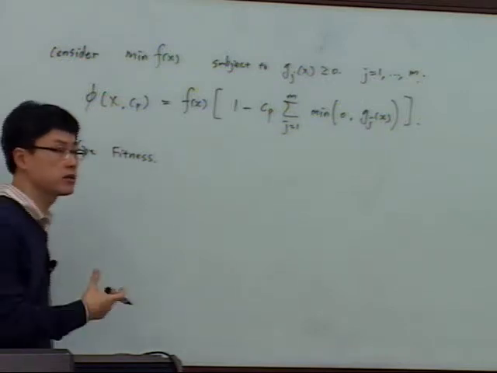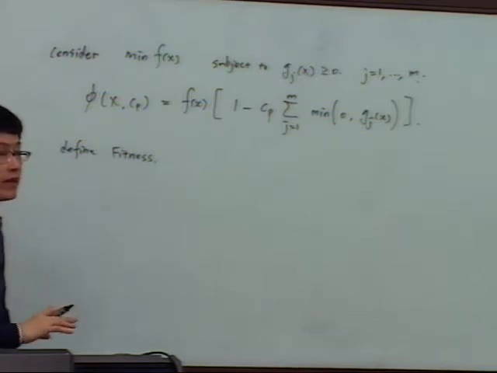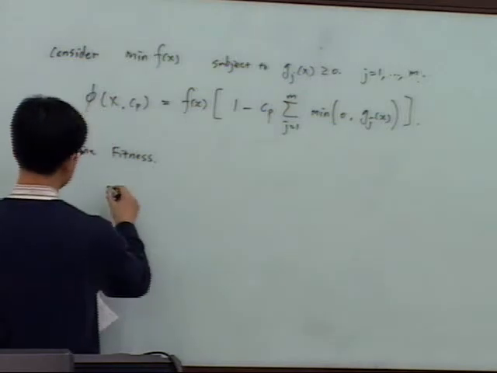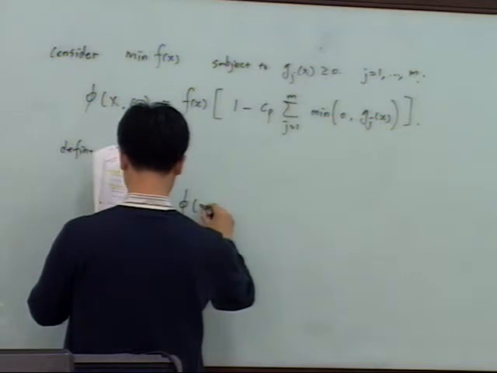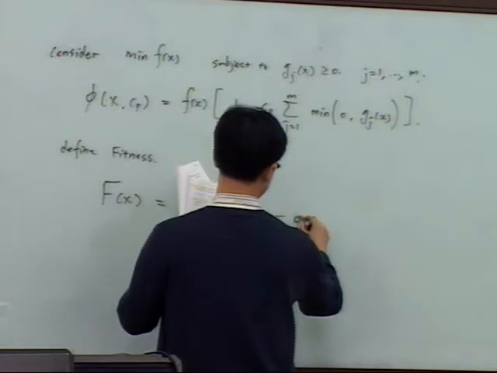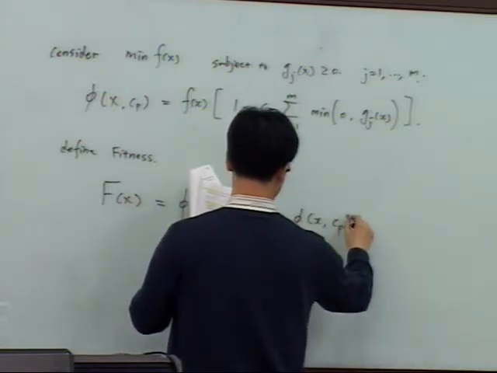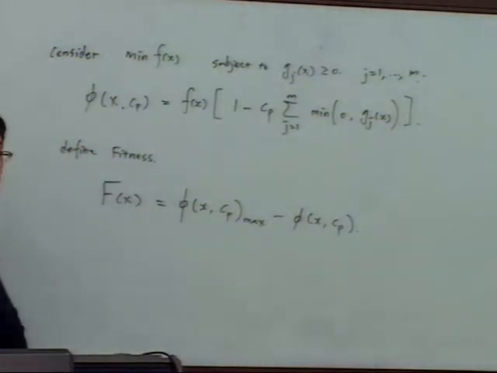So we usually transform our objective function into the fitness function, like this, large F(x). If we maximize the fitness, then it will automatically minimize our objective function with constraint, right?